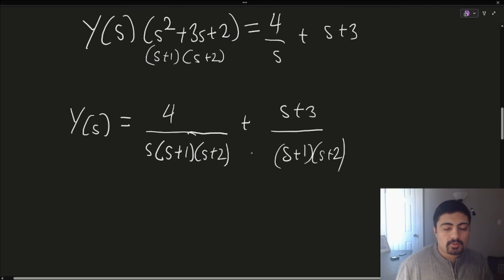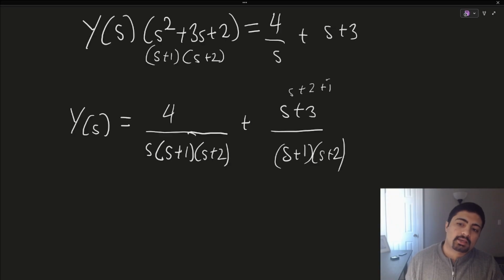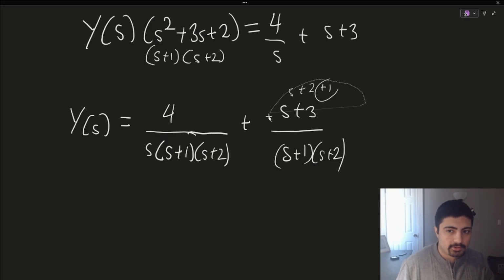Some professors might choose to write this as s plus 2 plus 1 and get this 1 in a different fraction and cancel one of these out to make it easier. I think actually that's a good idea, because if we do that, we're going to have one of the elements of our answer right away.